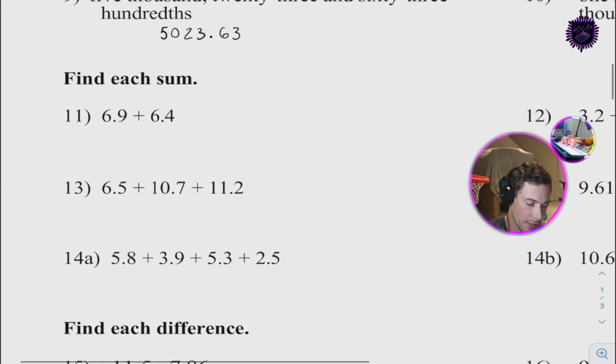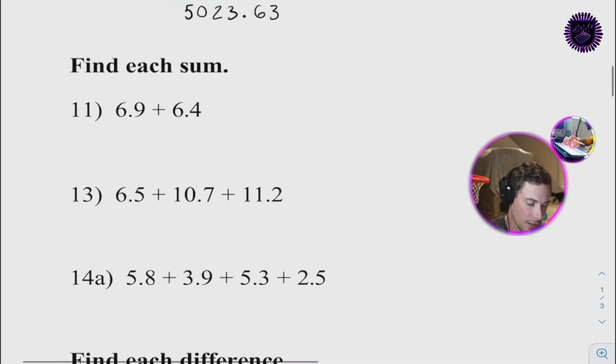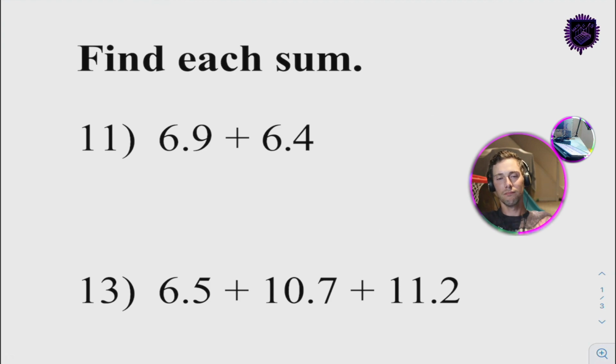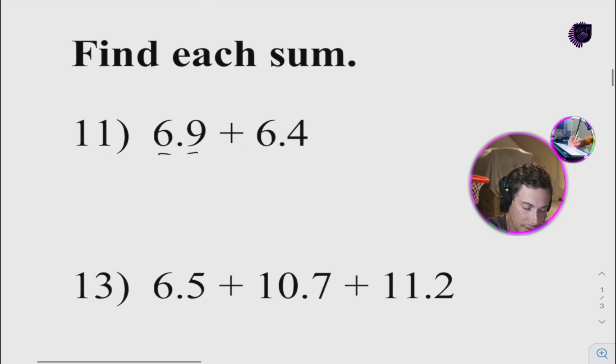Okay, find each sum. Now, this is the part that might be a little bit more confusing to some of us who are new to this, but it's pretty straightforward. So let's start by just assessing some of the numbers that we're working with. We have 6.9 and 6.4.